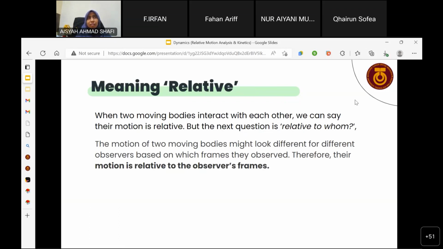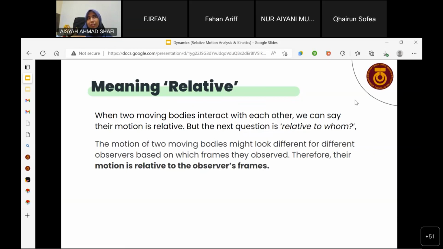Okay, for relative motion, we use many times the term frames.